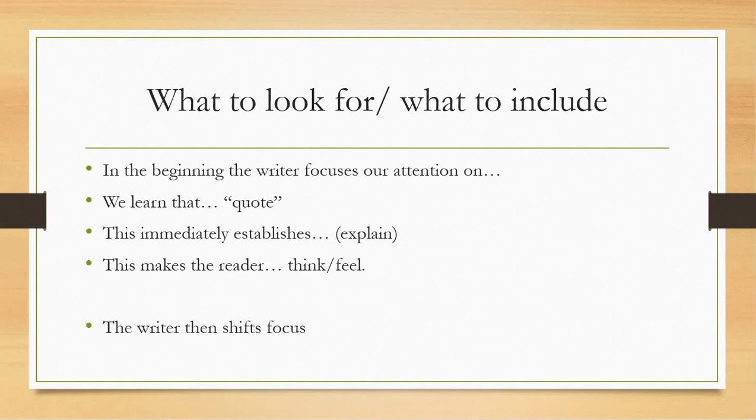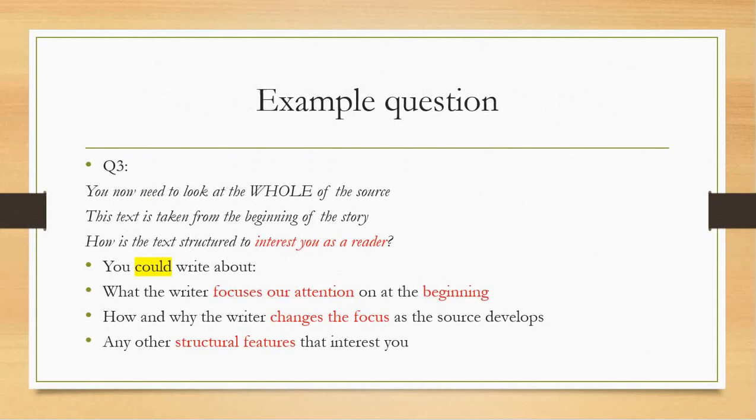This immediately establishes, explain what the quote establishes, what does it tell us? And finally, this makes the reader think and feel. Remember the question is about the reader, what does it make you think and feel? And then finally, the writer then shifts focus. So again, if we look at the bullet points and then look at the question: interest you as a reader, focus our attention, beginning, changes the focus, and any other structural features.